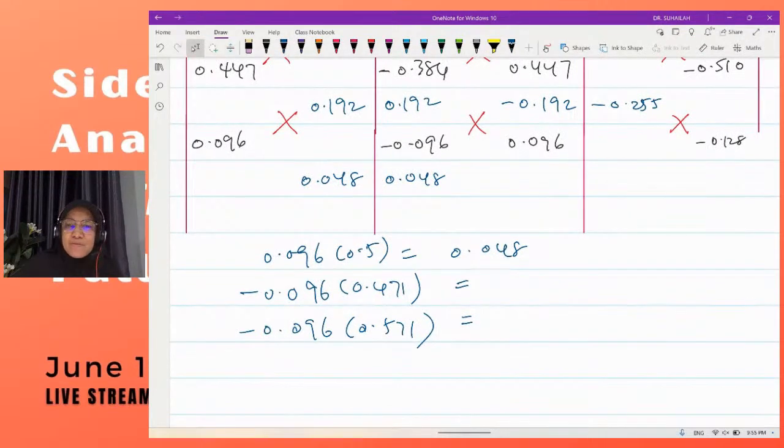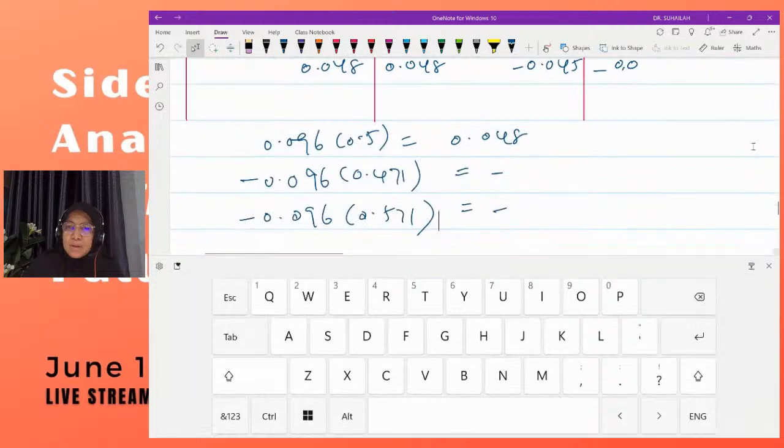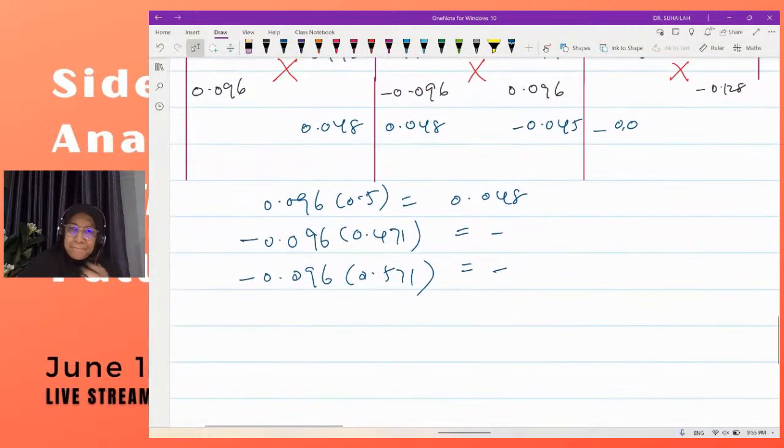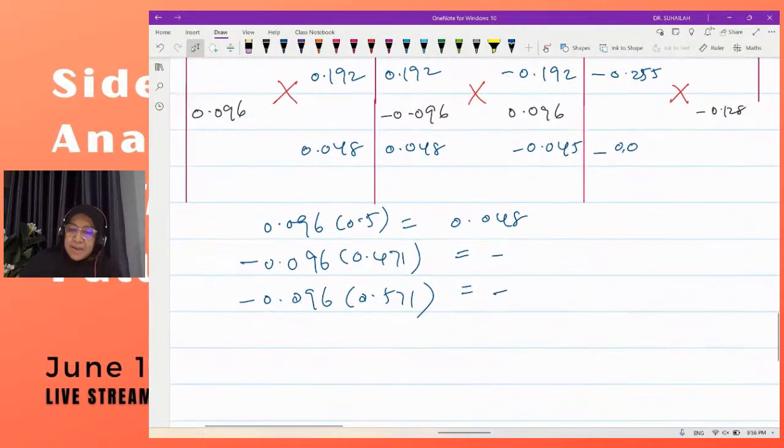Okay, next 0.096 times 0.471. This is negative. 0.045?